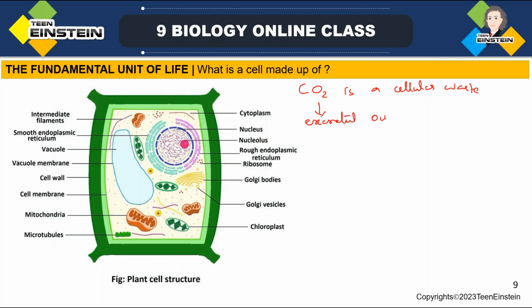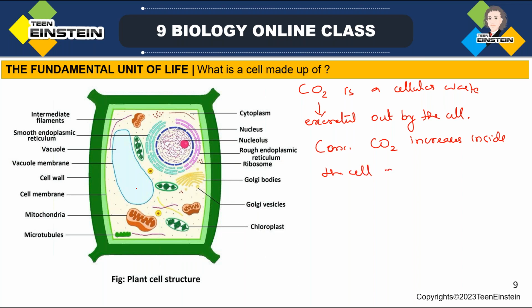Excreted out by the cell. Carbon dioxide should be excreted out by the cell. So after all these cellular processes, the carbon dioxide accumulation will be more. The concentration of carbon dioxide increases inside the cell.